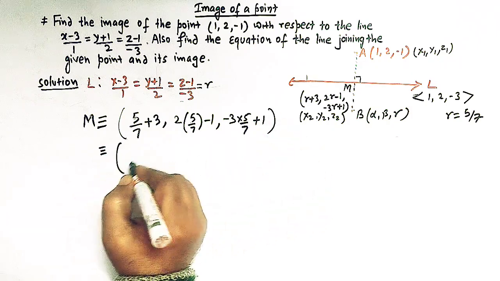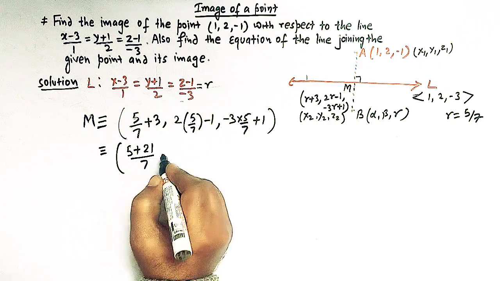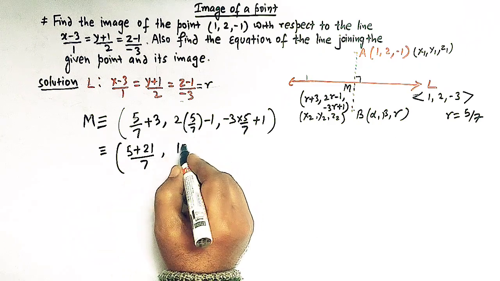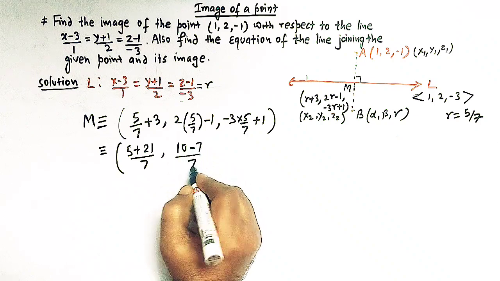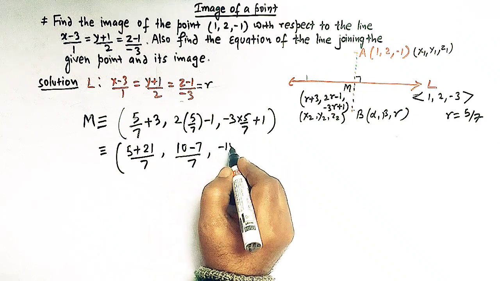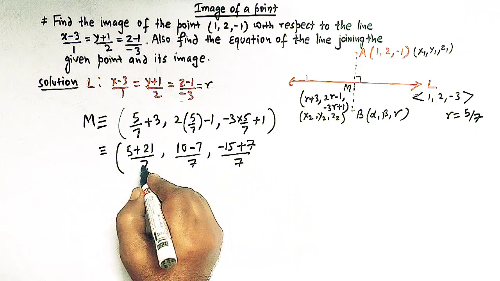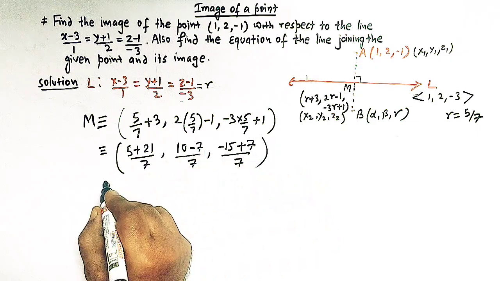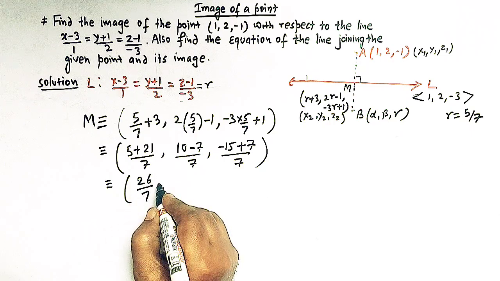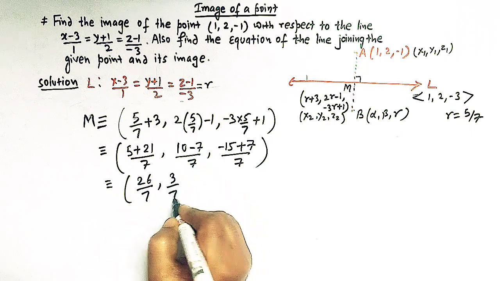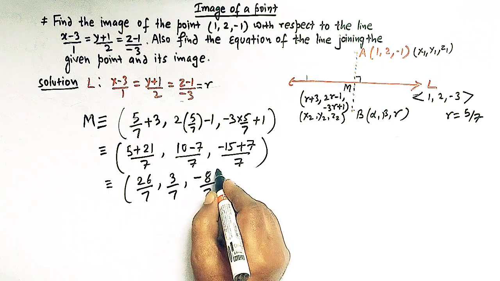So now we have here 5 plus 21 over 7, then 10 minus 7 over 7, then minus 15 plus 7 over 7, right? Okay. So now we can write here 26 over 7, 3 over 7, and minus 8 over 7.